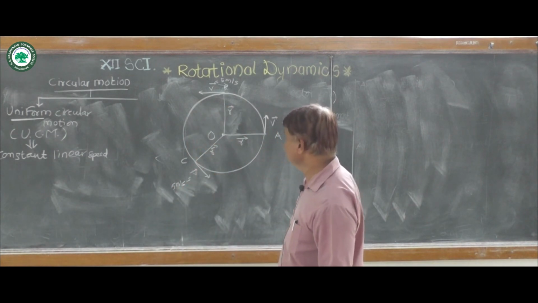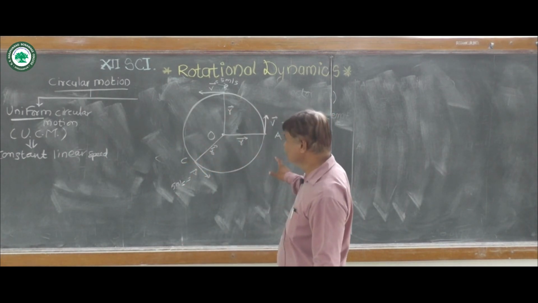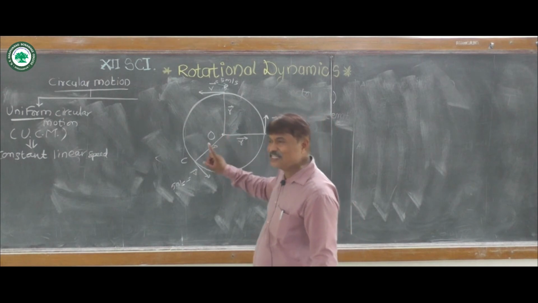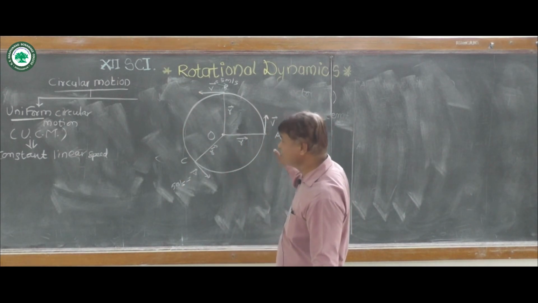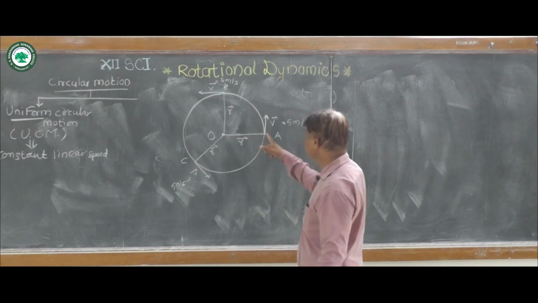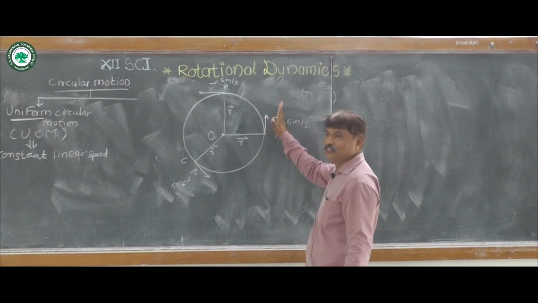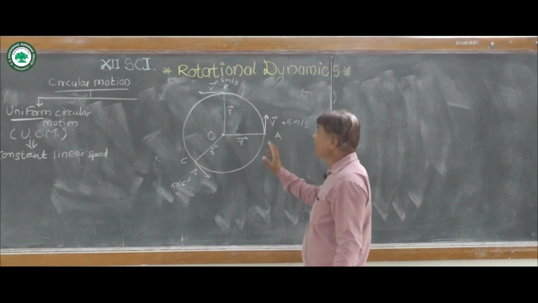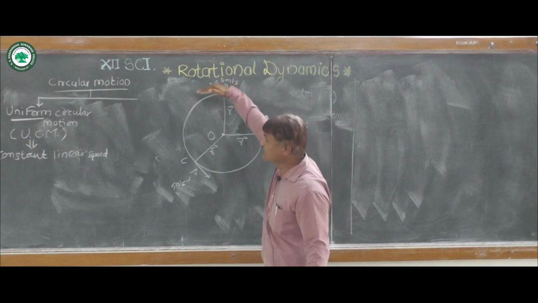Now we have to study the uniform circular motion. In uniform circular motion, only linear speed remains constant. Linear velocity is continuously changing due to the change in direction. Now see here, when the particle is at position A, this is the direction of linear velocity along the tangent. Again, when the particle is at position B, then the velocity is in this direction.